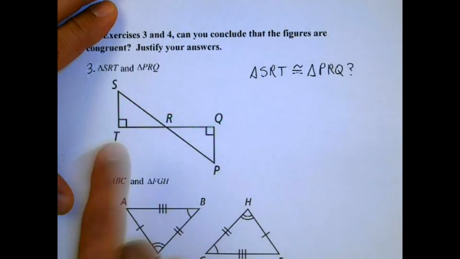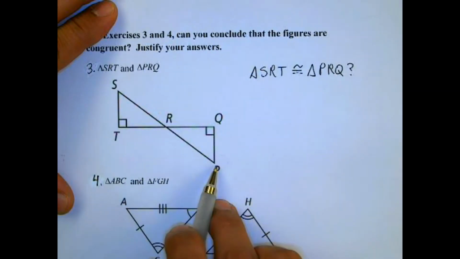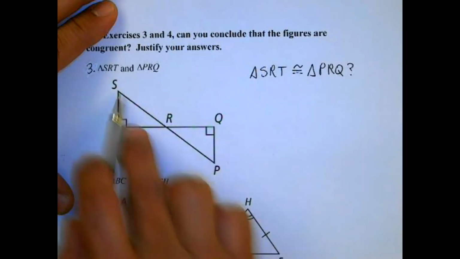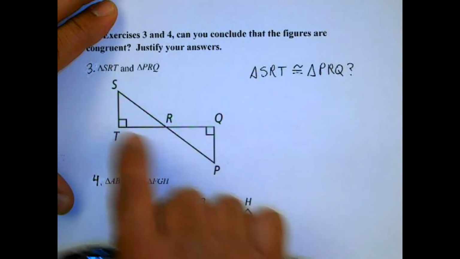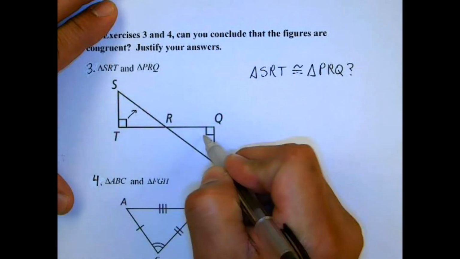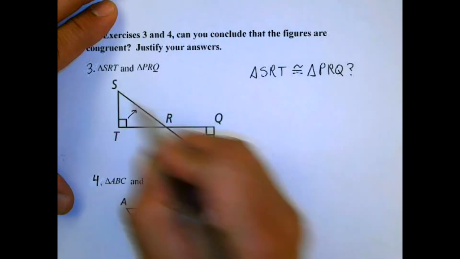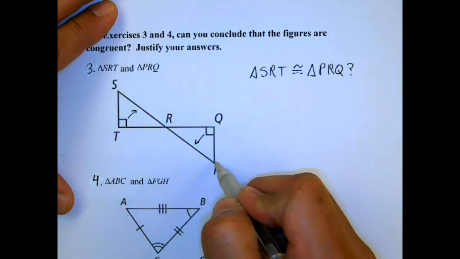Now you will notice right away that SR and PR are being compared to each other. These two right here are sides that are away from the 90-degree angle. In fact, the 90-degree angle faces them. You see that? So SR is a side that should be compared to PR.